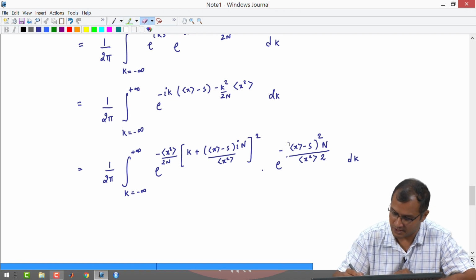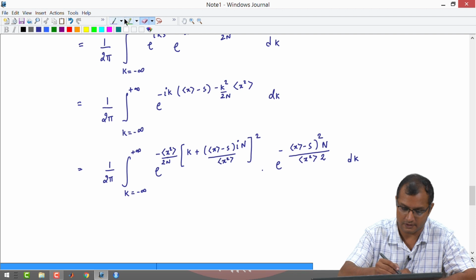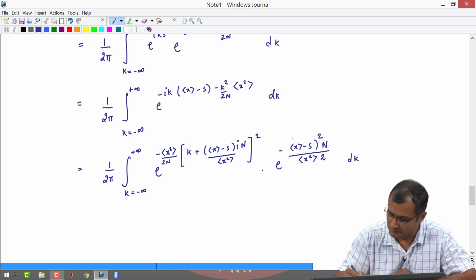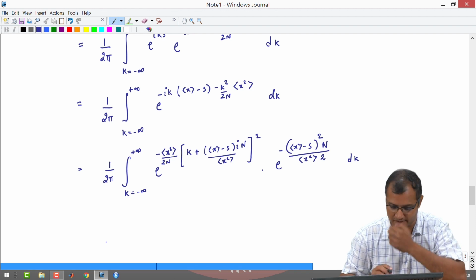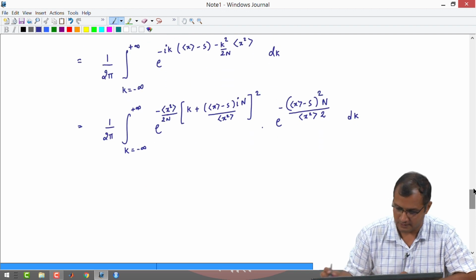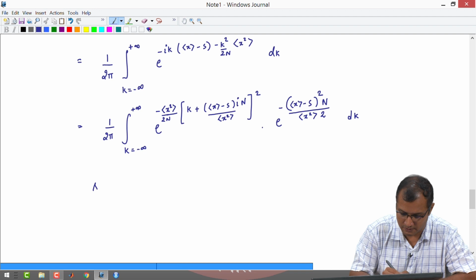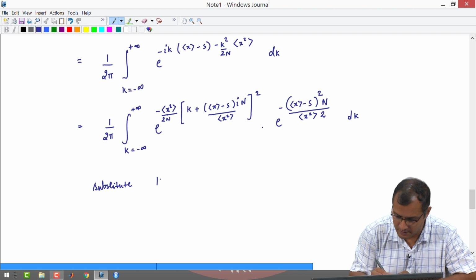Right, so you can check this. I have computed this as the factorization, and now you can see you can substitute k plus mod x minus s into it.